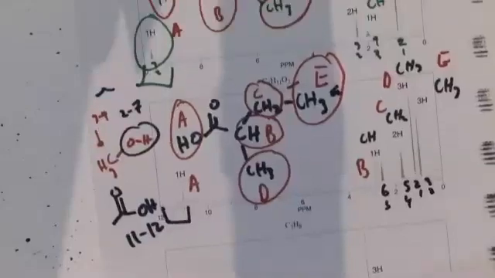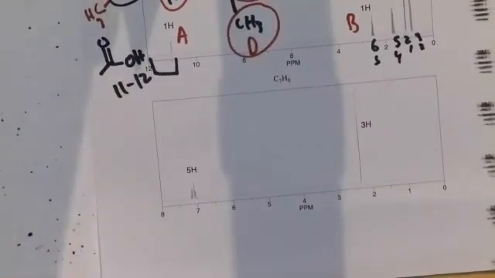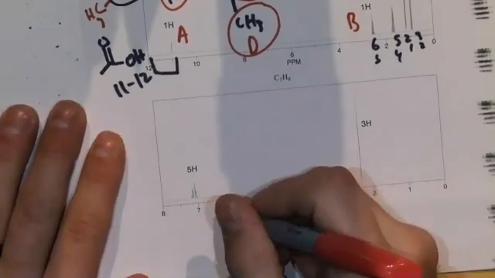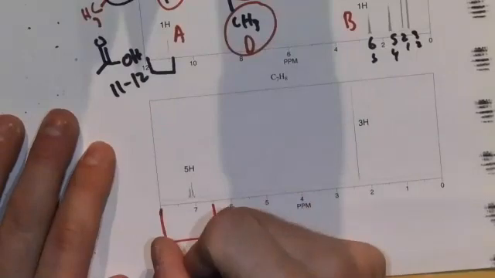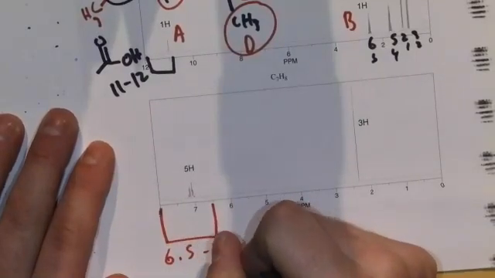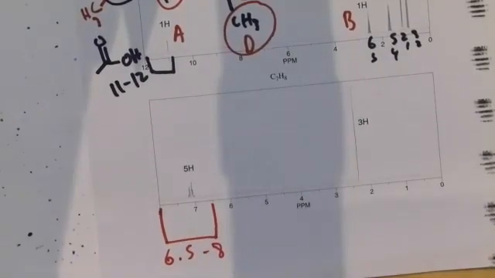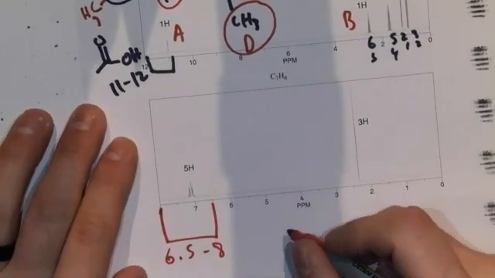All right, last topic I'm going to talk about in NMR is going to be aromatic rings. Anytime we are between 6.5 and 8, and you get a signal, it's going to be an aromatic ring. And for the sake of this class, it's going to be a benzene ring.